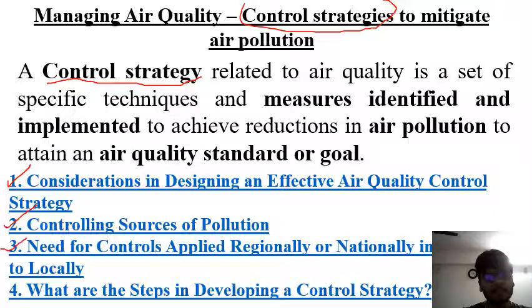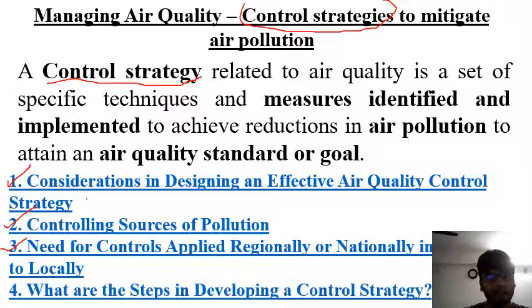The third step is the need for controls applied regionally or nationally in addition to locally. Your control action should not be confined to your local boundaries. It should have a regional influence, and moreover it should have a national influence.